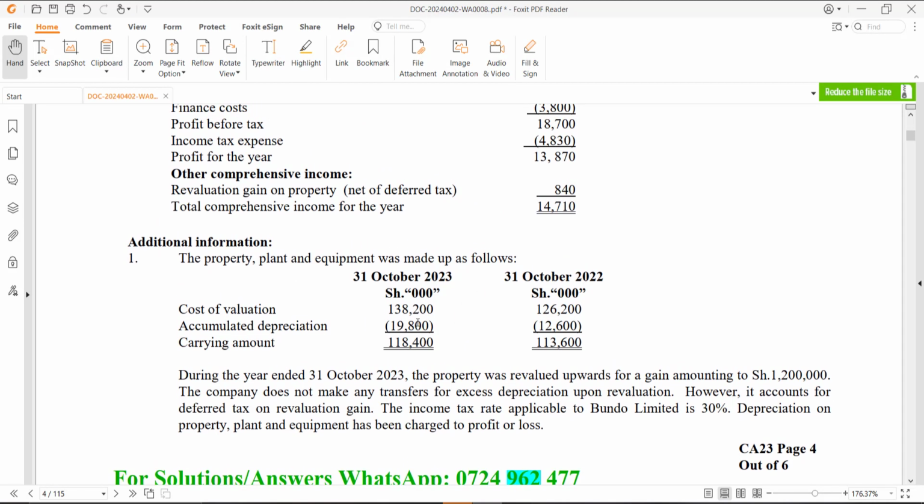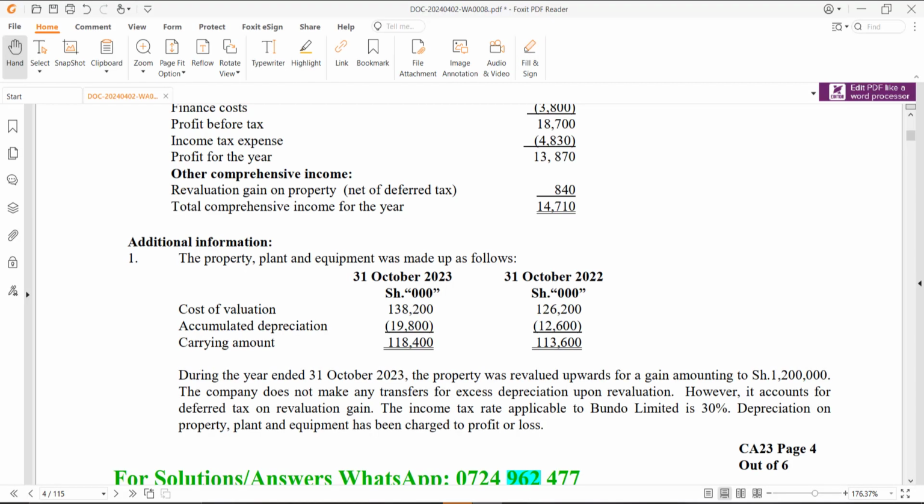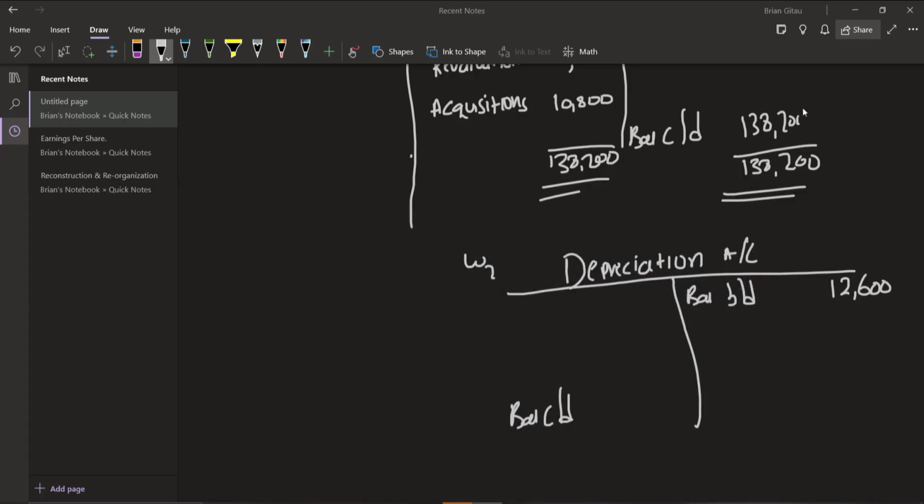The accumulated depreciation balance brought down was 12,600. So we have balance brought down giving us 12,600, and we have the balance carried down. Let's check the balance carried down. The balance carried down in this case was 19,800.